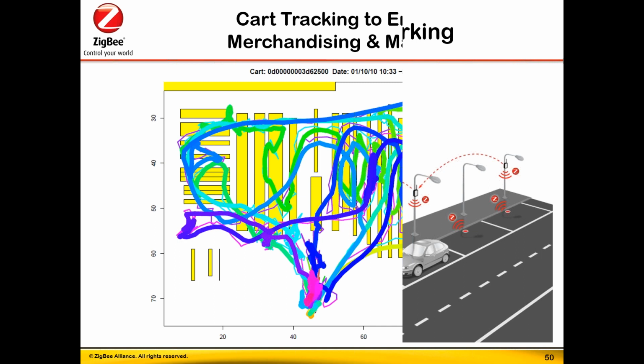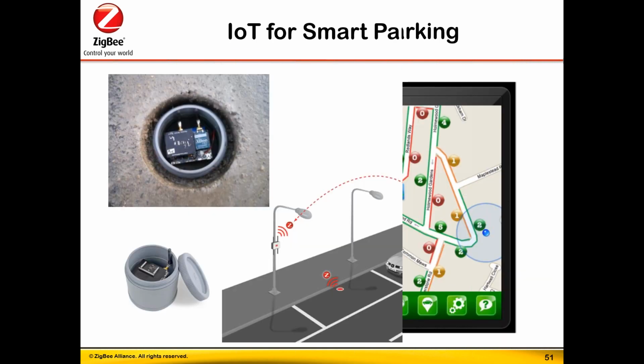For instance, here's a small example of intelligent shopping carts. What this diagram is showing is the activity and presence of carts at various locations in a store. These shopping carts were tagged with a Zigbee tag, and they report their location periodically, and it allows you to analyze the data and demonstrate where those carts are, where they're likely to be.